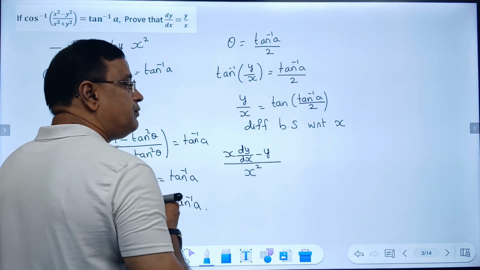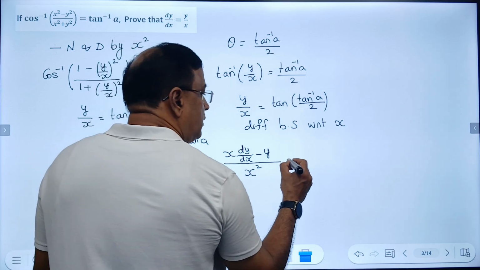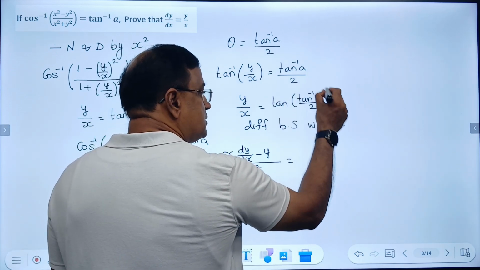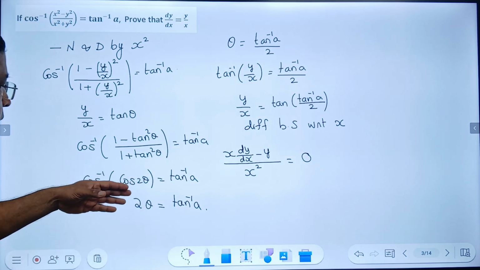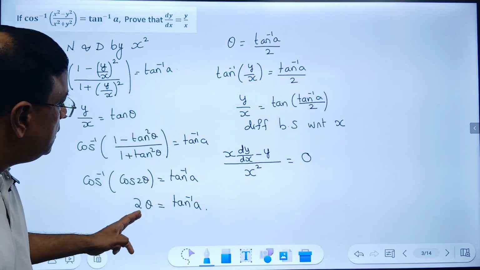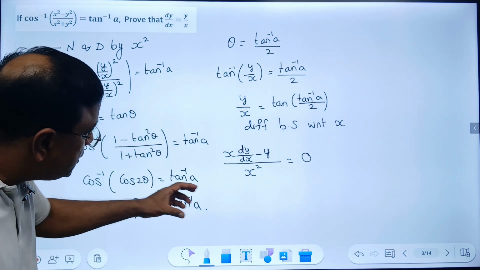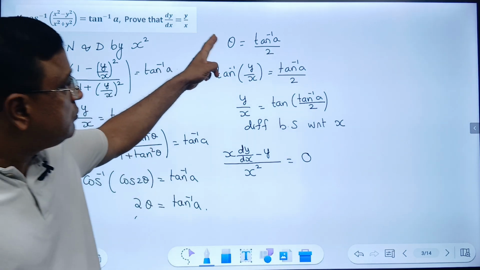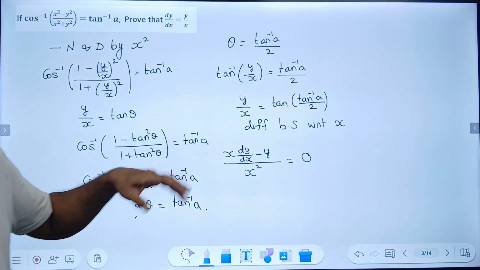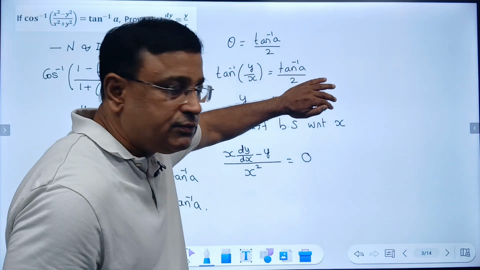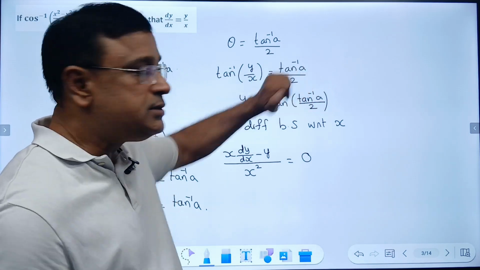The denominator is x, the differentiation of x is 1, and you can see the right hand side is all constant, so it will be straight away 0. That is why I did not differentiate there. I tried to create as many constants as possible. So I took the 2 to that side, then I took the tan inverse that side, so that the right hand side is filled with constants, so the differentiation of a constant is 0.